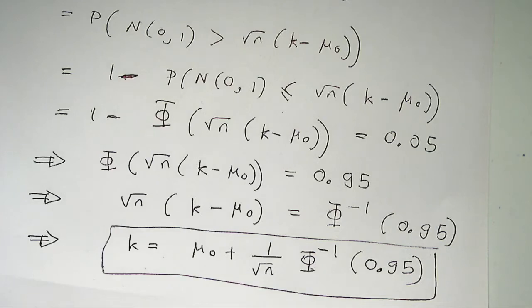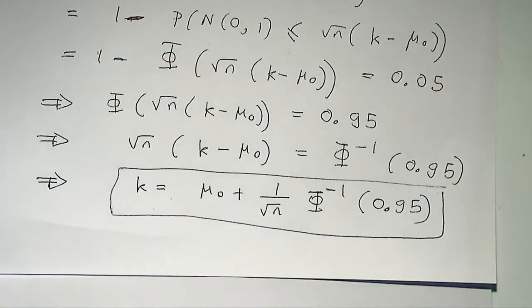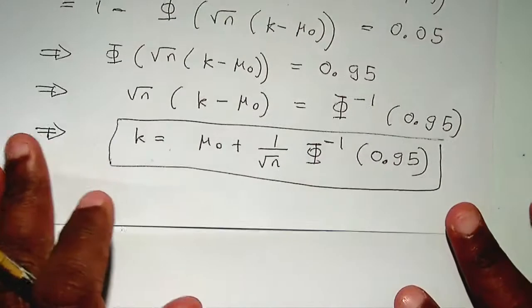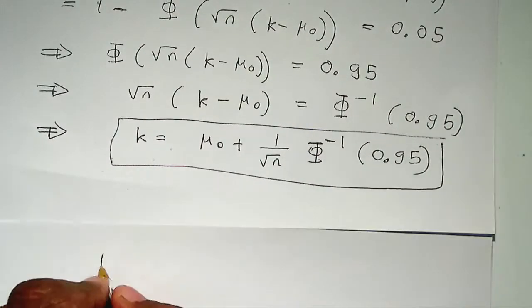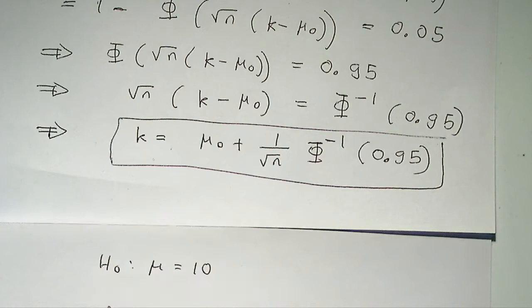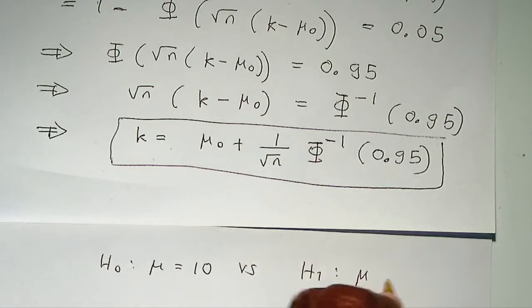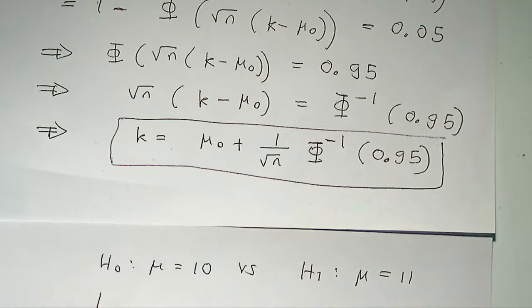So guys, we are looking for testing mu equal to 10 versus mu equal to 11. And we are told that beta, remember beta denotes what?